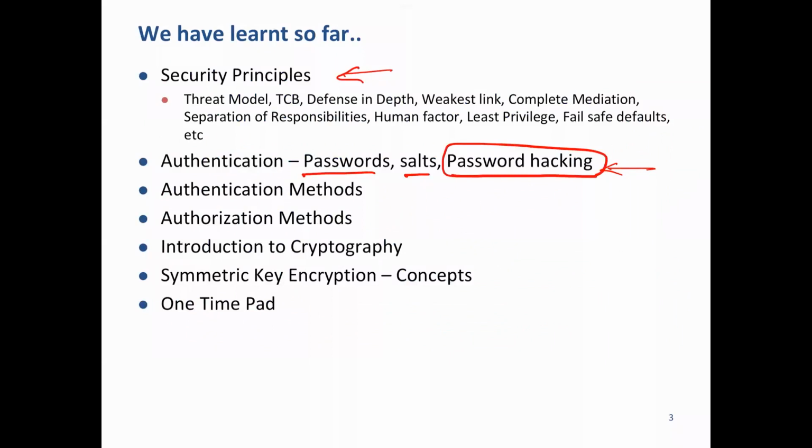Then we have looked at authorization methods, also authentication methods apart from passwords, like biometrics, etc. Authorization method, we have seen how we can authorize a process or a person to use certain resources. Not all processes or persons should be capable of using all the resources, right? By default, we use the method that anybody should have the minimum resources that are needed to do a job.